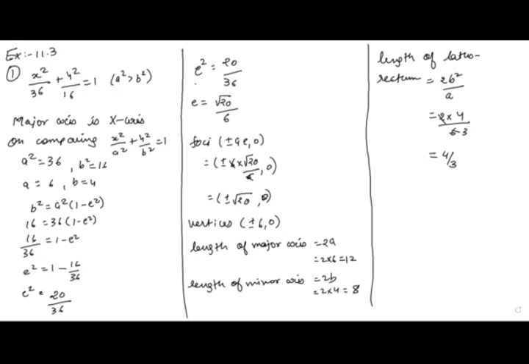And here also we did one mistake. That is, we have to take the value of a, but we took the value of a square. Here the value of a is 6.